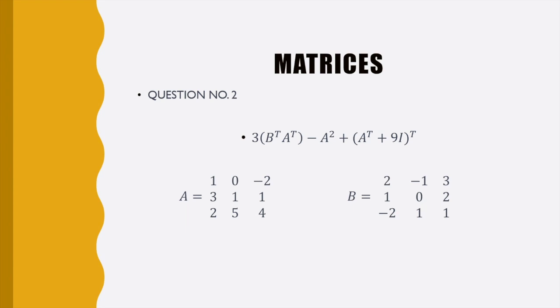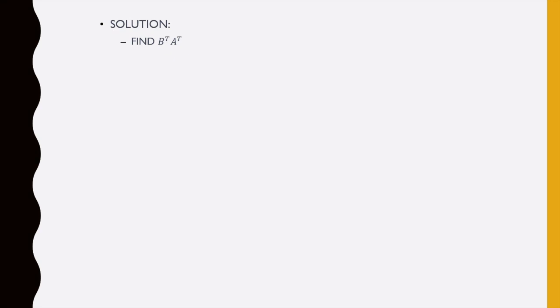To answer this problem, we must first find what the question asks, depending on the given matrices. Since the transposes of the matrices A and B are not given, we need to find them first, then get the product of them to be then multiplied by 3.